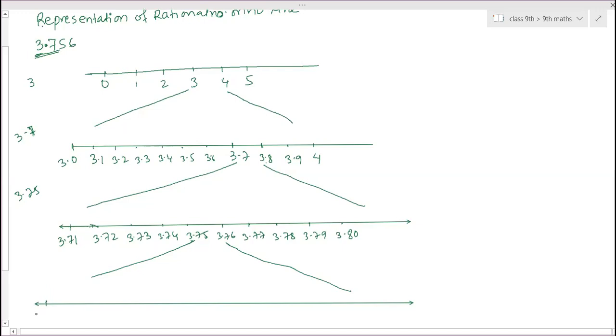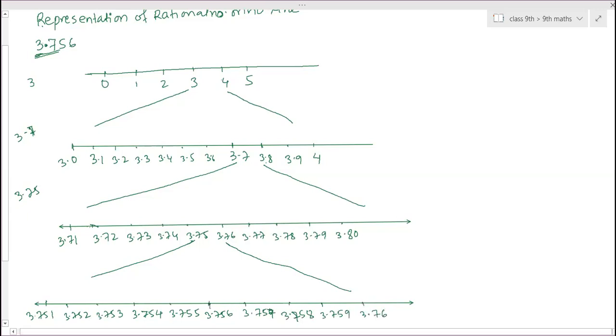Ma'am, 3.751, 3.752, 3.753, 3.754, 3.755, 3.756. You have to write all those things. Though you got the answer, you still have to show all the numbers. 3.758, 3.759, and 3.76.